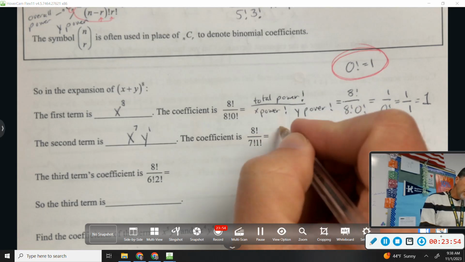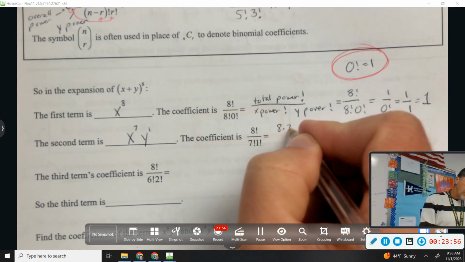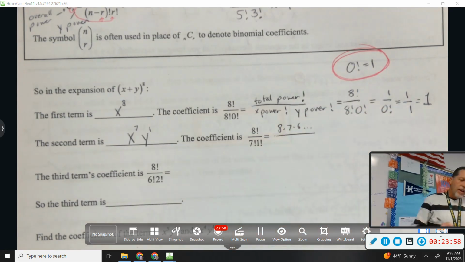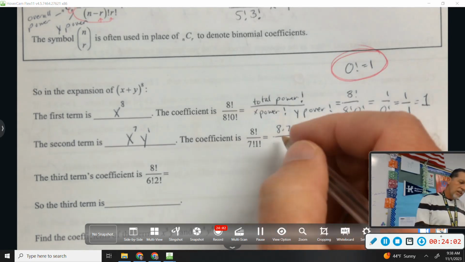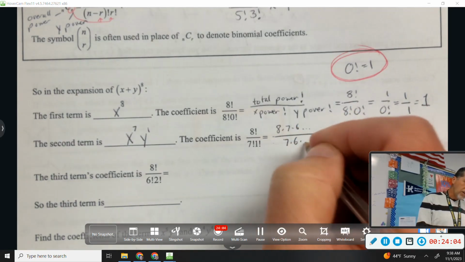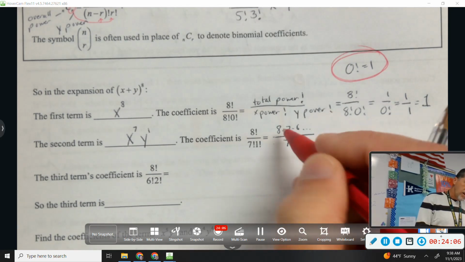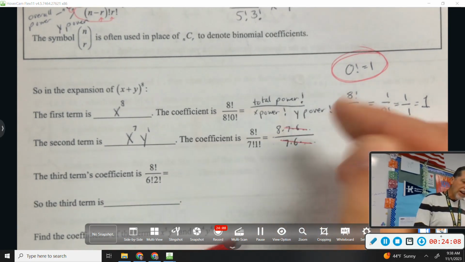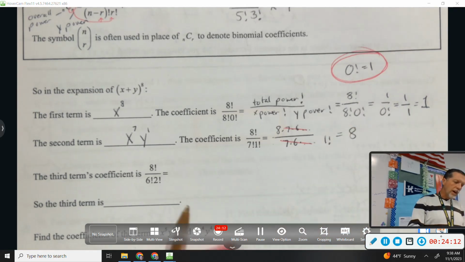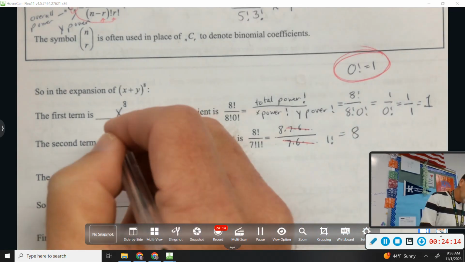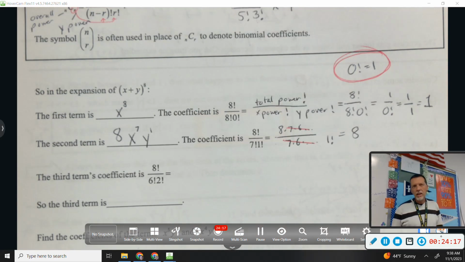And we did some of these reducing. 8 factorial is 8 times 7 times 6 times 5. 7 factorial is 7 times 6 times... And so just 8. And the 1 factorial is there too, but that's just 1. So that coefficient is 8. But we knew that one already. Right? The first coefficient's always 1. The second coefficient's always the power. After that, things get a little bit weird.